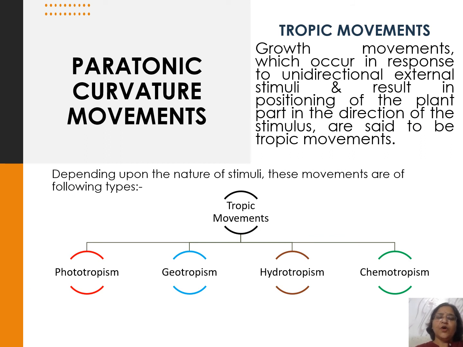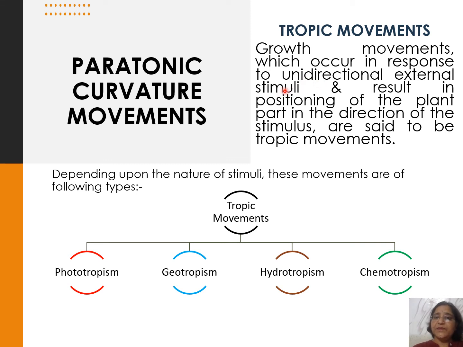Now after autonomic curvature movements, we are coming to the paratonic curvature movements. These are growth movements which occur in response to unidirectional external stimuli. In autonomic movements the stimulus is internal, but here in paratonic movements it is the external stimuli. Unidirectional means one side.